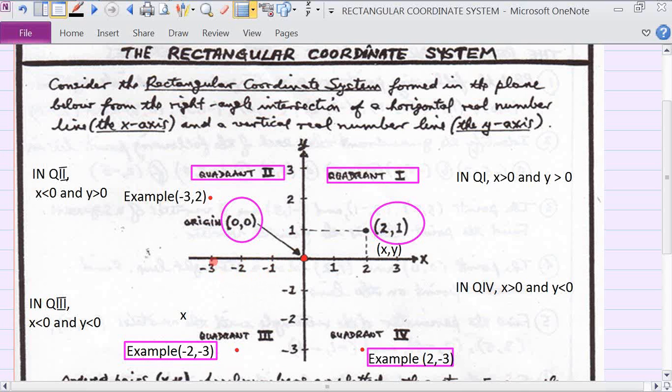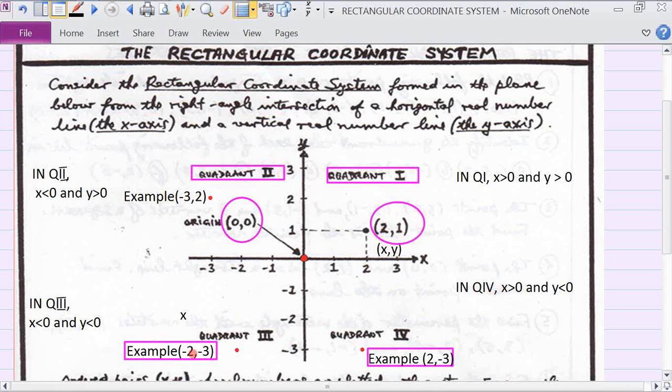Now the x is -3, and we move up 1, 2 right here, and here's the point where x equals -3 intersects with y equal to 2. So we've got the point (-3, 2). Here the x is negative and the y is positive. Before, the x was positive and the y was positive.